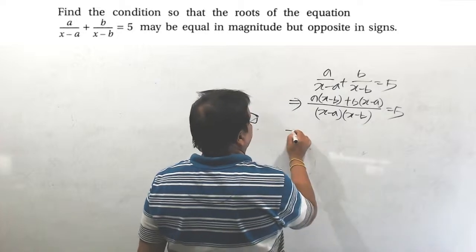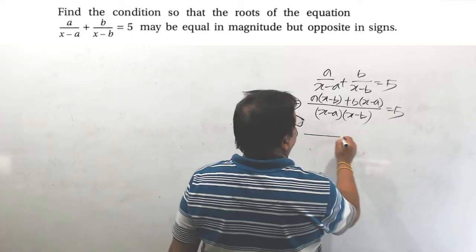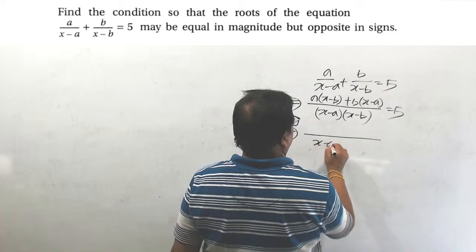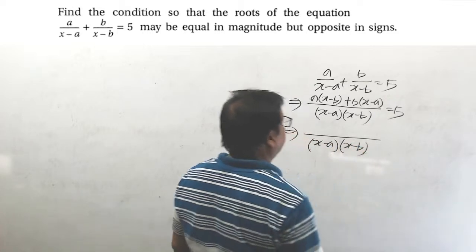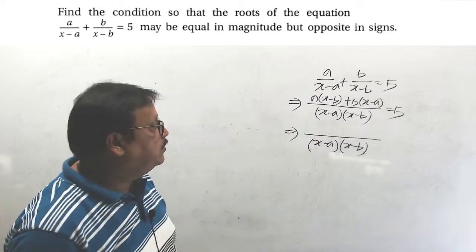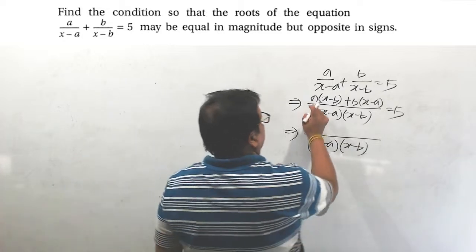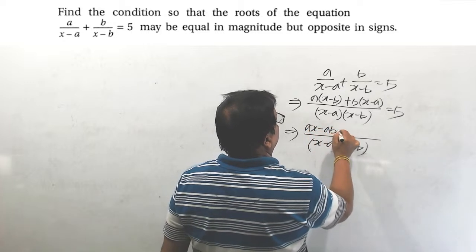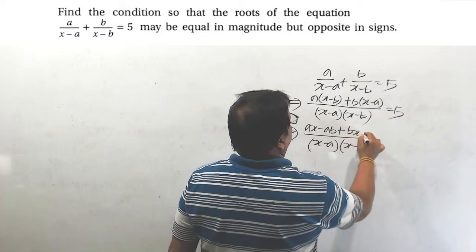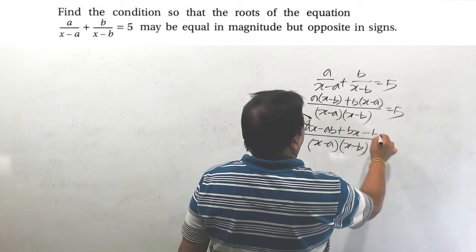Understood? Simplify. x minus a into x minus b. ax minus ab plus bx minus ba.